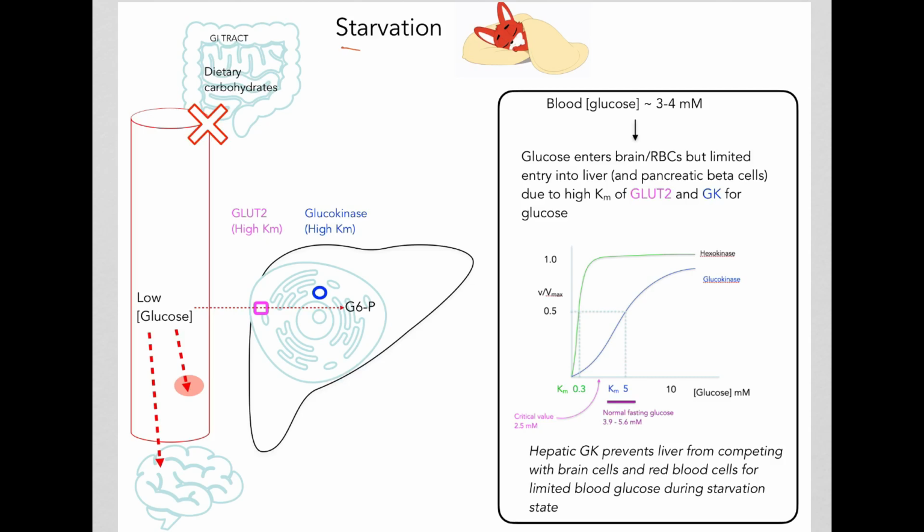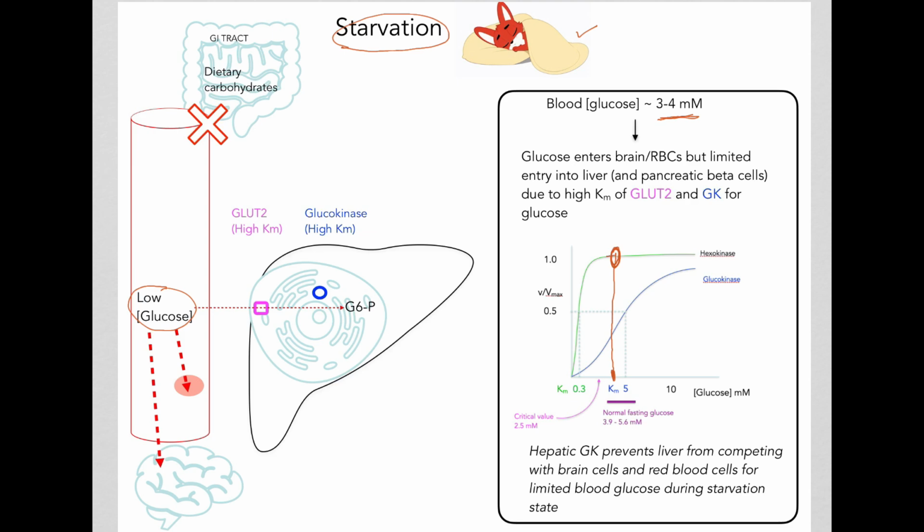Now, during starvation periods, for example, 2-3 in the morning when you are fast asleep, the glucose concentration is much lower. So we are talking about 3 to 4 millimolar. So we are somewhere around here. And you can see at low glucose concentration, the rest of the cells are able to take in glucose because the hexokinase has a very low Km.